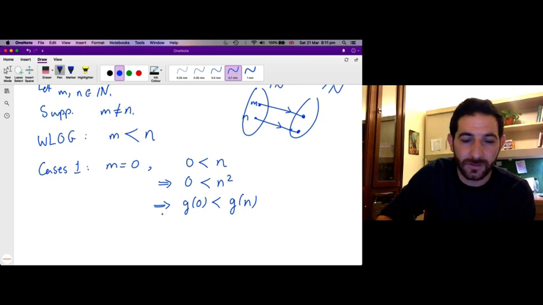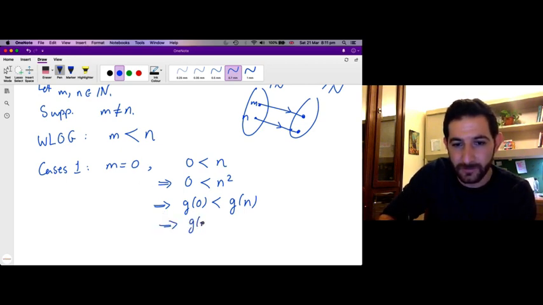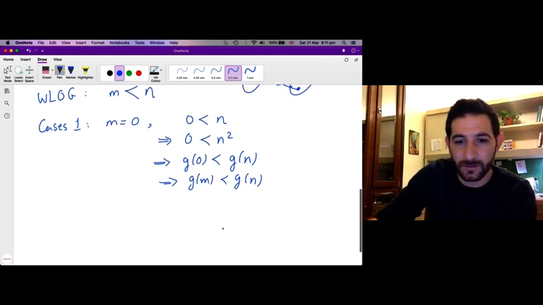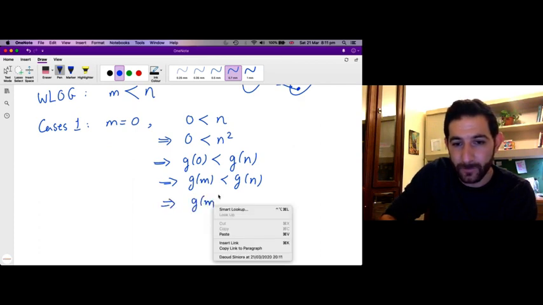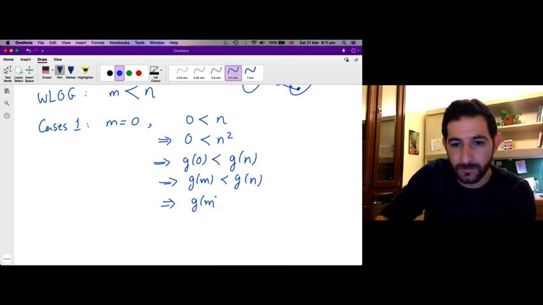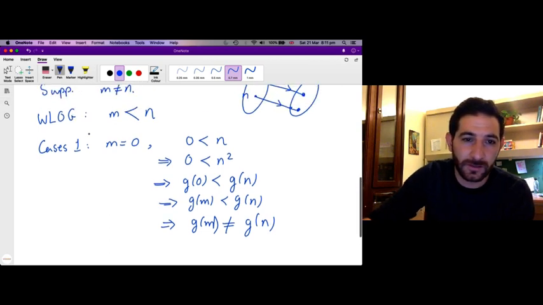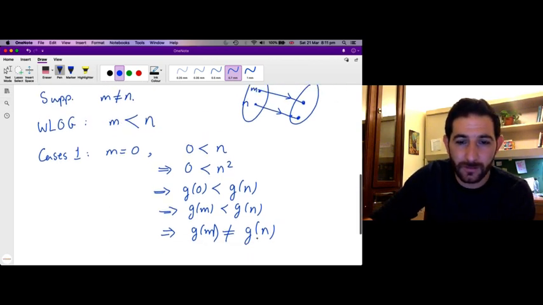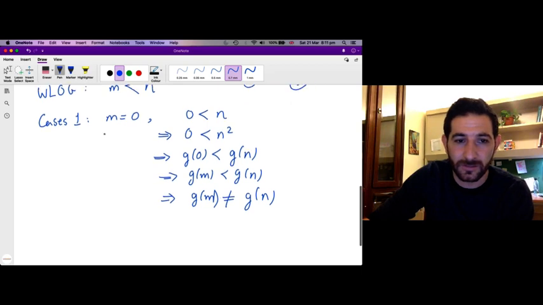Since m is 0, this means that g of m is strictly less than g of n, and so g of m is not equal to g of n. So what did we show? That if m is not equal to n, then the images are not equal. This is when m is 0.